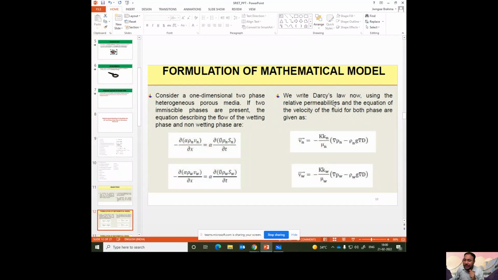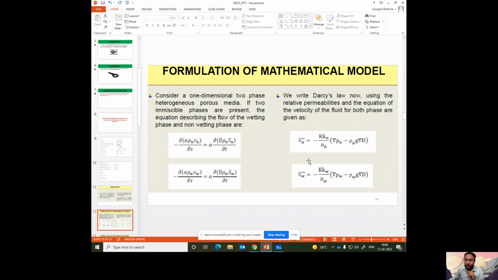We write Darcy's law now, right? Using the relative permeabilities, the equations of the velocity of the fluid for both phases are given here. Those who are petroleum engineers, those who are studying petroleum science, or mechanical engineers, can understand this equation very clearly.